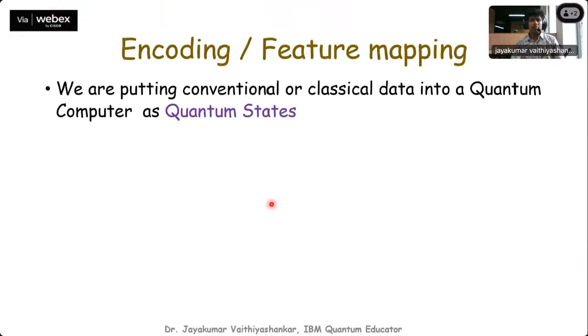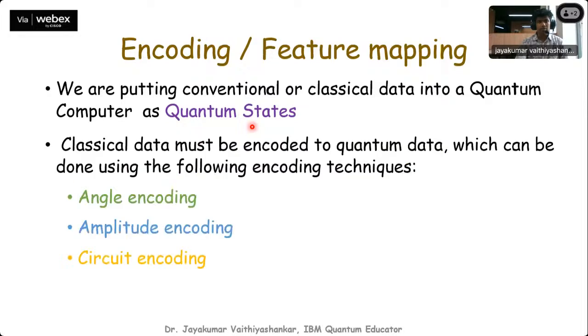Take an example of encoding. In classical machine learning, we call it feature mapping. Each and every classical data point you are able to convert into quantum states. We already discussed what a quantum state is.